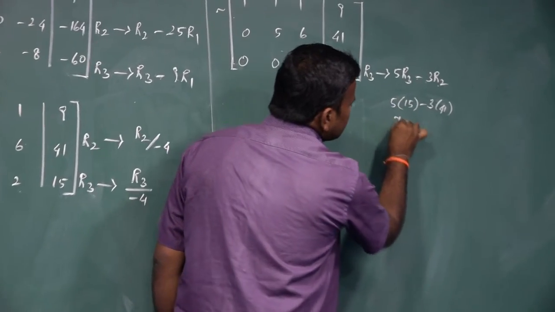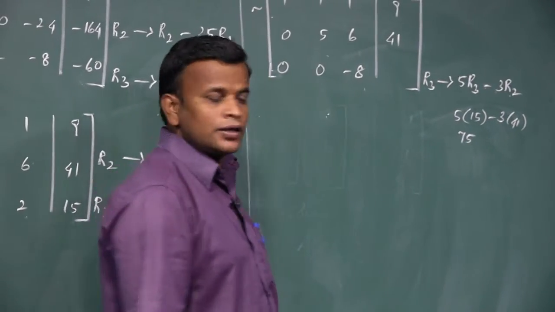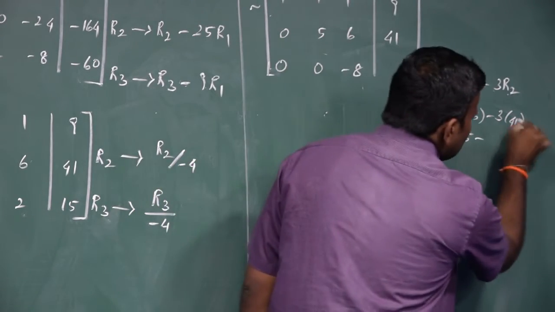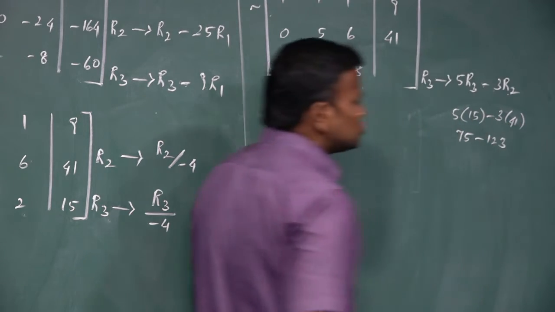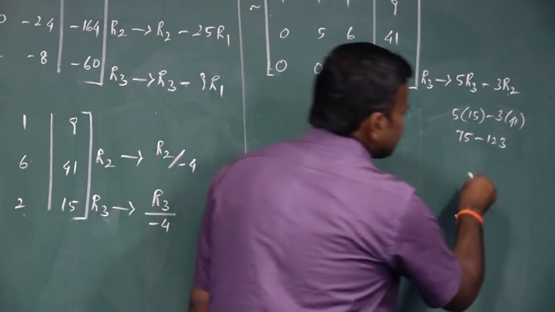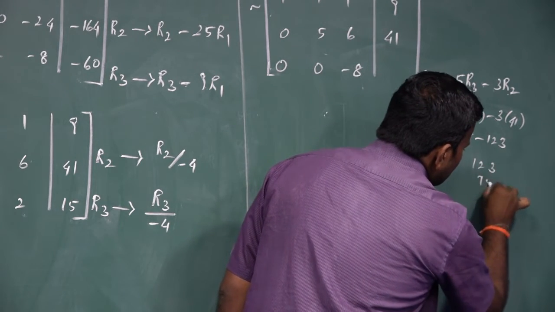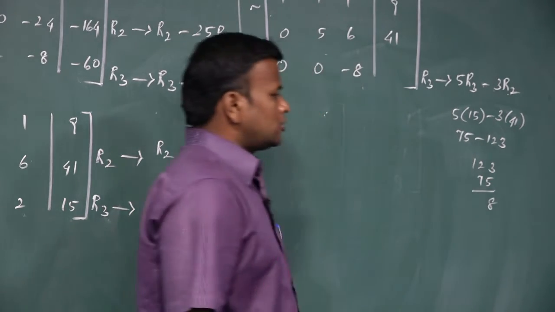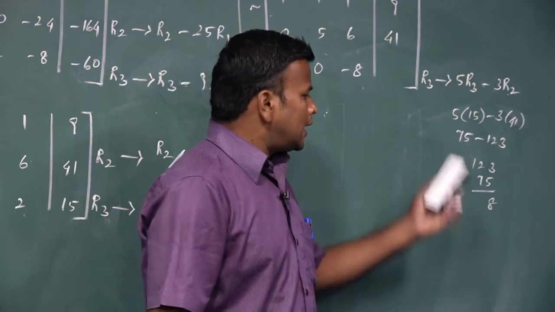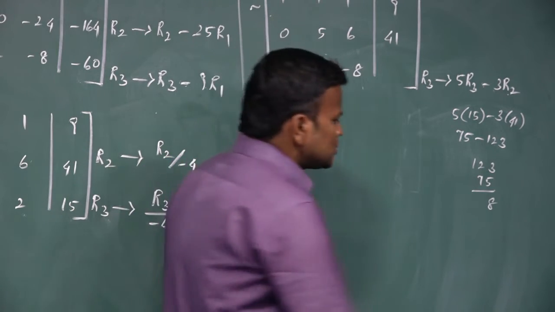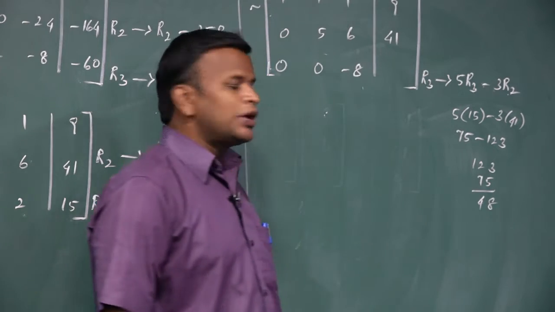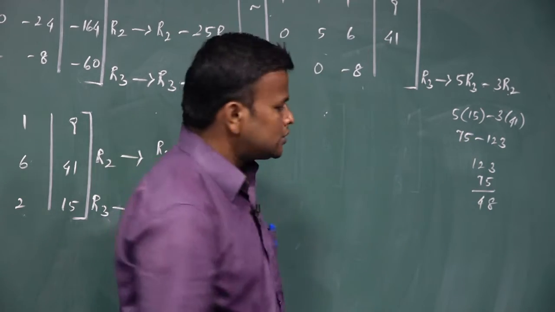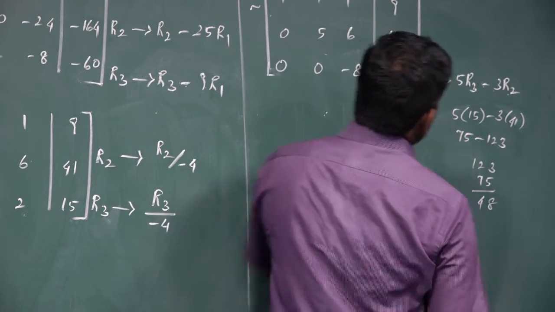So 5 fifteens are 75, minus 3 into 41: 3 ones are 3, 3 fours are 12, so 123. 75 minus 123: 13 minus 5 is 8, we already took one borrow, so 11 minus 7 is 4. It is 48. Is it plus 48 or minus 48? It is minus 48 because the bigger number is negative. So the answer is minus 48.